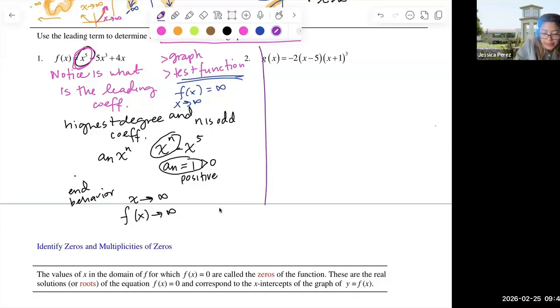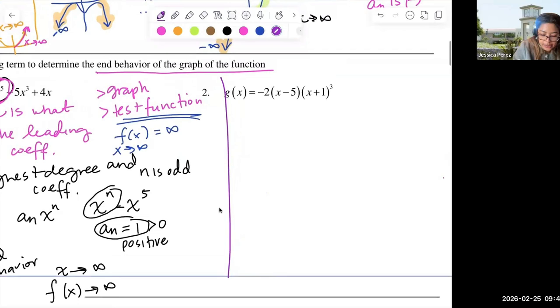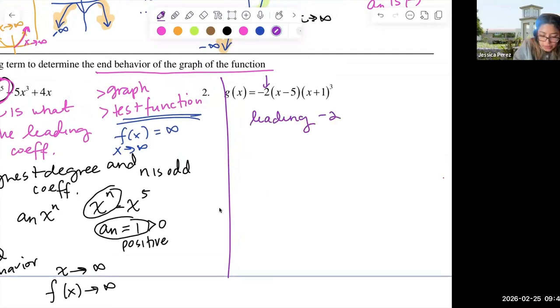Now here, this one's different because you can't really distinguish what the degree is. I have a leading coefficient of -2, and look at the degree. I have an x term, and then I have an x to the third. So technically, this is x cubed and then x to the first. So x times x cubed, it's an x to the fourth.